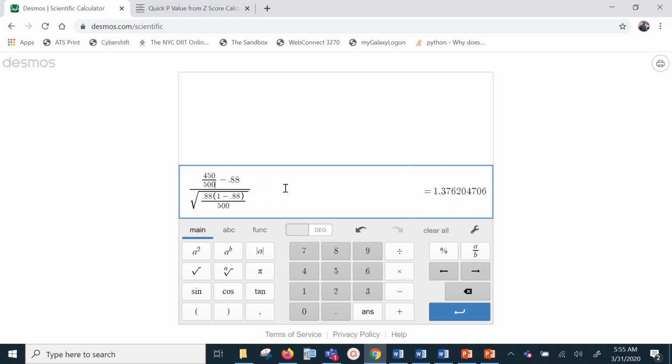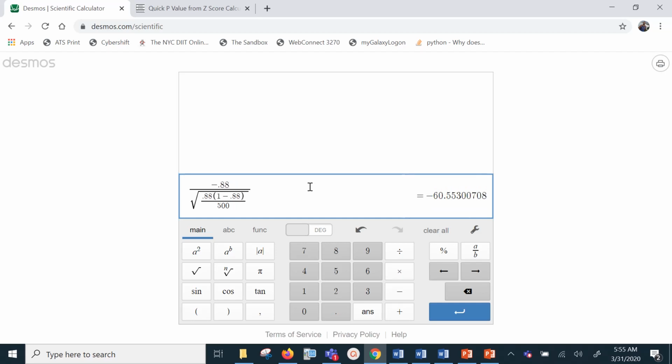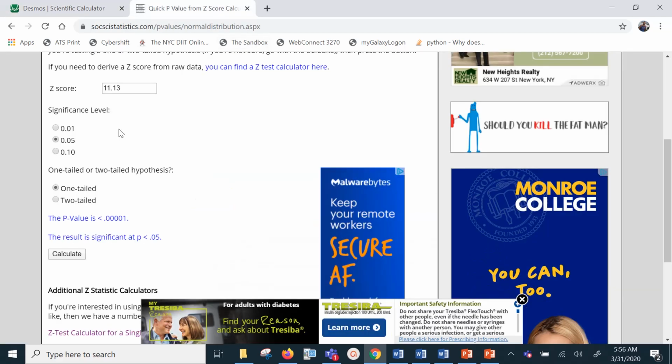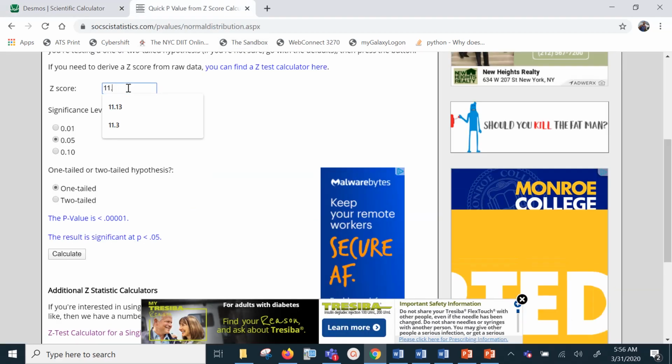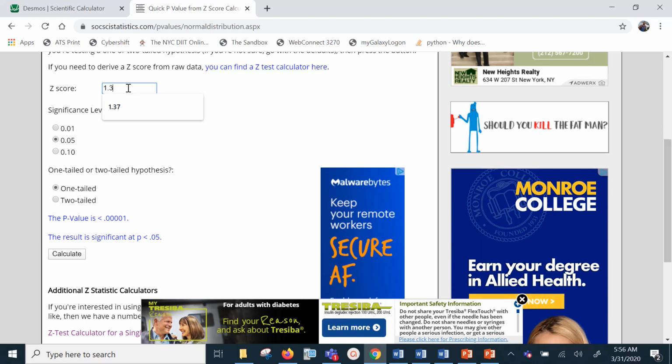All right? Which is, by the way, if you do it in your calculator or if you just do it, it's 0.9. All right, so 1.37 is our z-score. Well, that's not as big as 11. Are we surprised? Can we reject the null hypothesis? So we put in 1.37. We hit calculate.